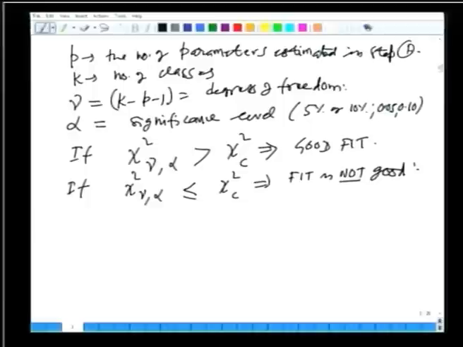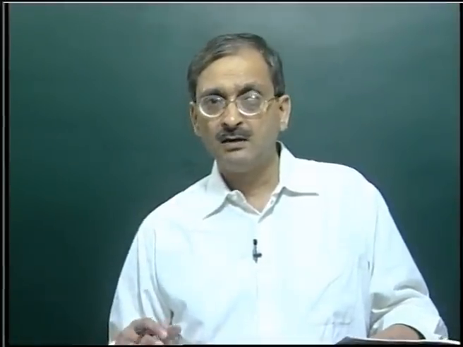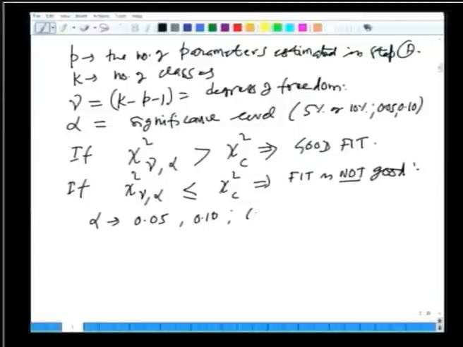Now, as I said, a significance level is normally selected, which is either 5% or 1%. Okay. In probabilistic terminology, alpha, the significance level, is also expressed as 1 minus alpha, which is the confidence level. So, sometimes we say the confidence level is equal to 1 minus alpha.